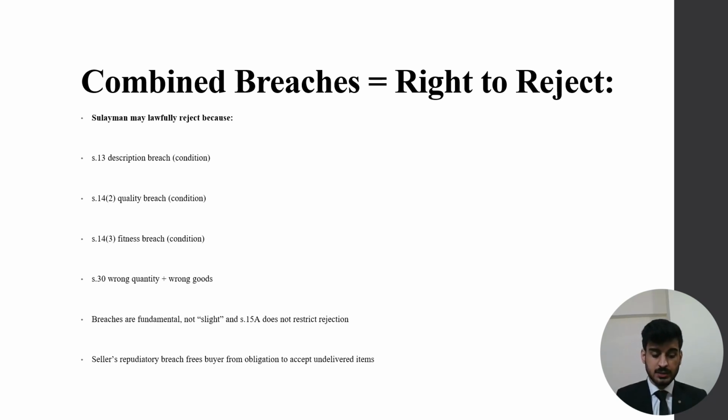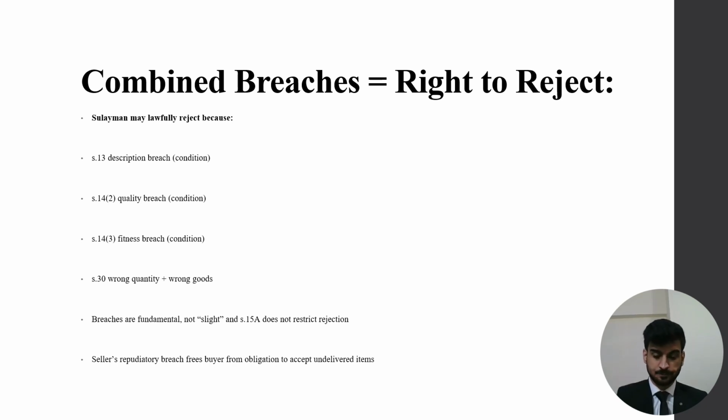Add the infractions of sections 13, 14(2), 14(3) and 30 together, and you have a fundamental violation of statutory requirements that strikes at the heart of the contract. Rather than being small or technical, these flaws significantly deviate from the requirements of the contract.